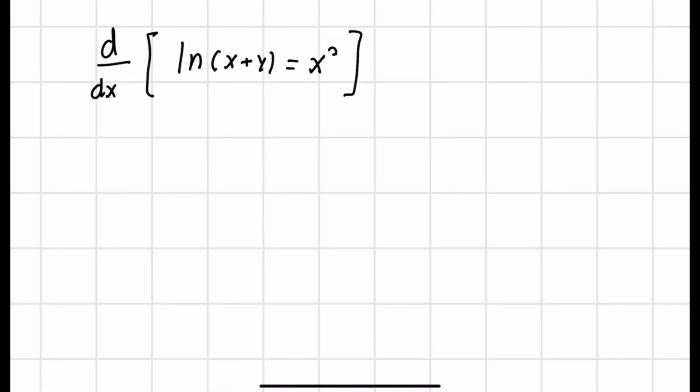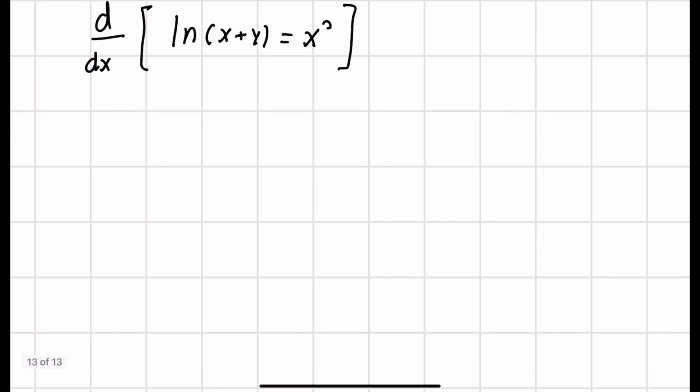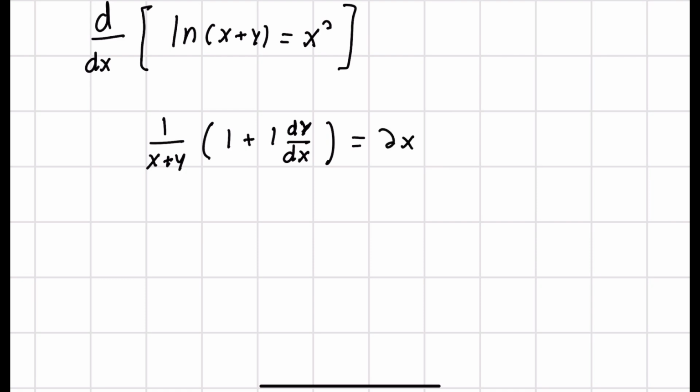In our next example, we have ln(x + y) equal to x squared. So the derivative of that is 1 over (x + y) times the derivative of x + y. The derivative of x is equal to 1, and the derivative of y is equal to 1 times dy over dx. And this is equal to the derivative of x squared, which is equal to 2x. Now let's simplify everything.